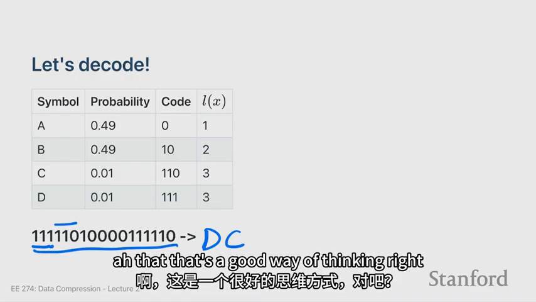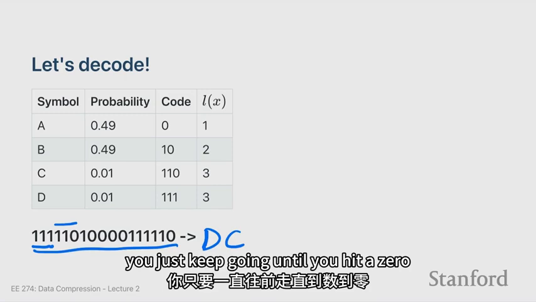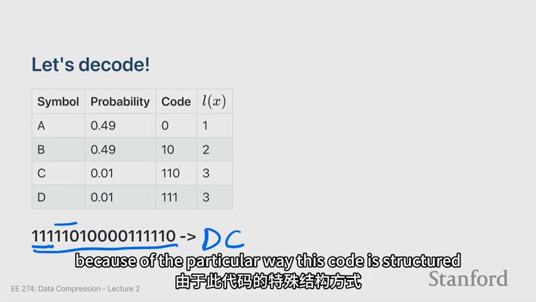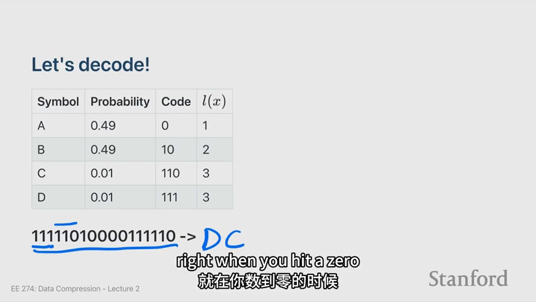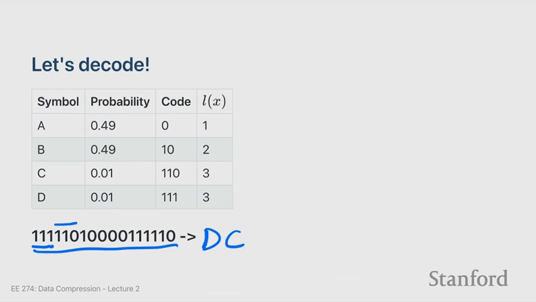That's a good way of thinking. The answer was, you just keep going until you hit a 0 because of the particular way this code is structured. When you hit a 0, if you have 3 ones in a row without a 0, then you know it's a D. If you have 2 ones and then a 0, then you know it's a C, and so on.